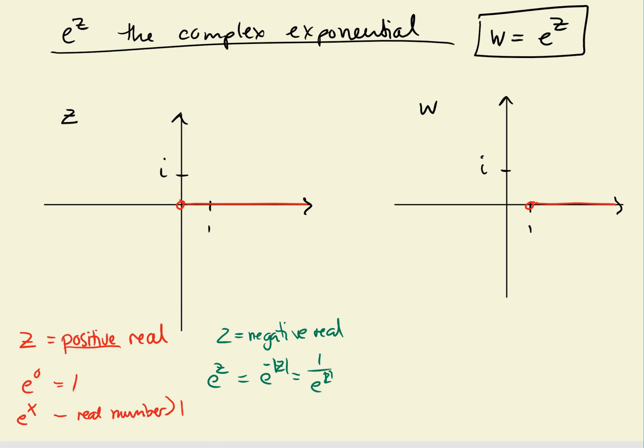And so this number here is less than 1 and greater than 0. So the negative real line over here is mapped onto this interval here in the w domain.